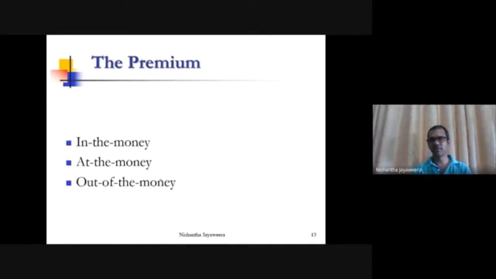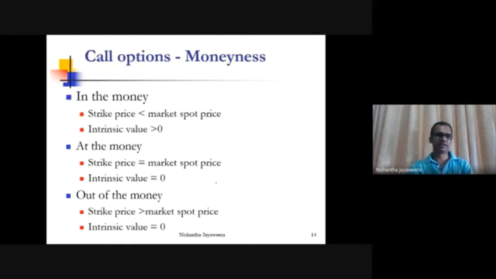Now depending on the intrinsic value, we categorize any option into three categories: in the money, at the money, and out of the money. We'll go through them one by one to understand what each is.